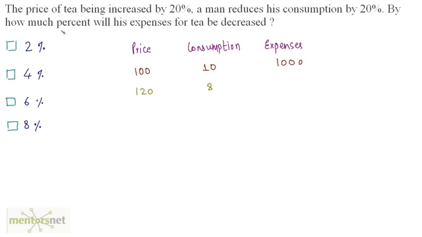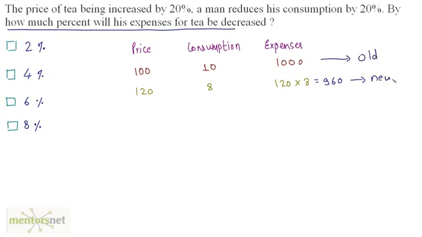Now by how much percent will his expenses for tea decrease? Let us calculate the expenses: 120 times 8 is 960. It is asked by how much percent his expenses will decrease, so we need the percentage decrease in expenses. 1000 was the old value and 960 is the new value.